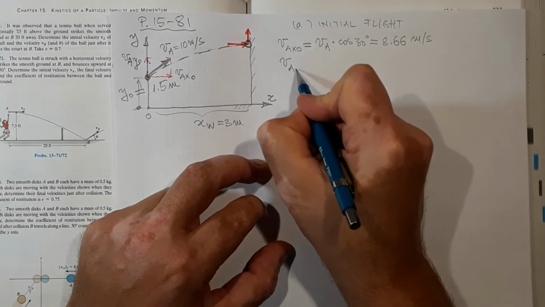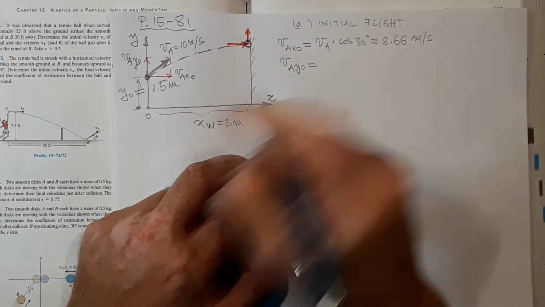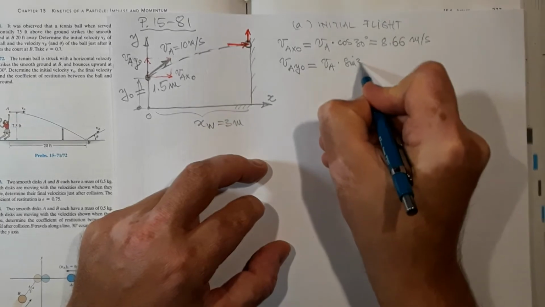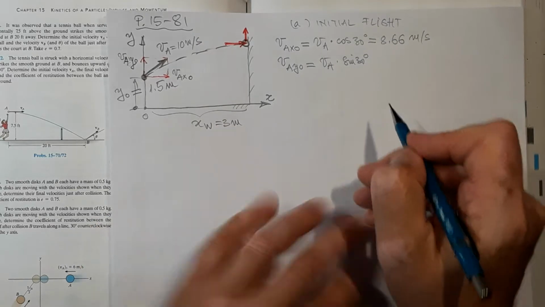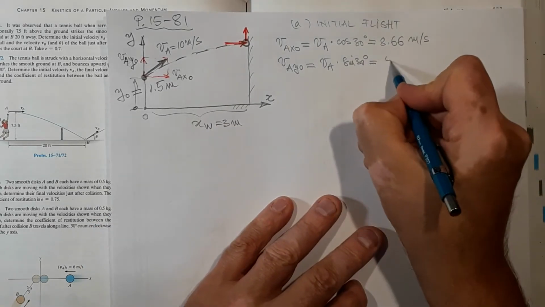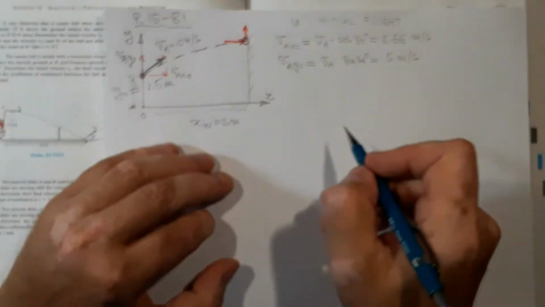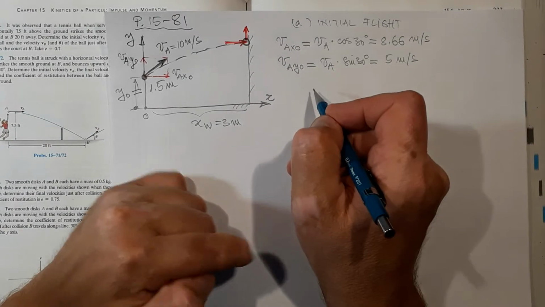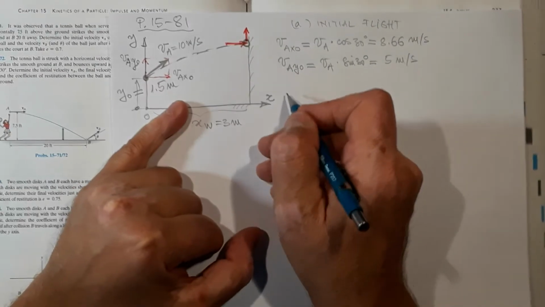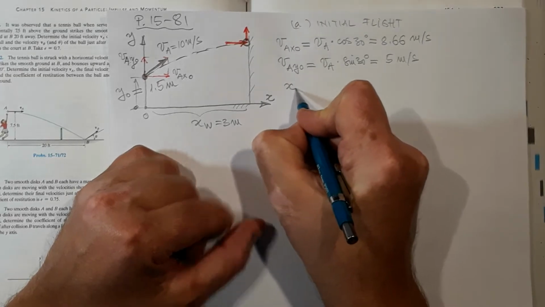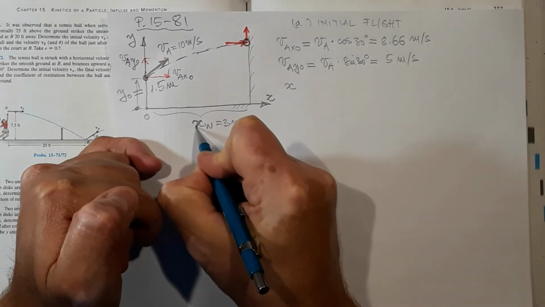The velocity of ball A in the y direction initially is VA times sine of 30 degrees, and that's equal to 5 meters per second. Sine of 30 degrees is 1/2. And then we state the constant velocity motion in the horizontal direction. We have displacement, which I call x to the wall, xw.